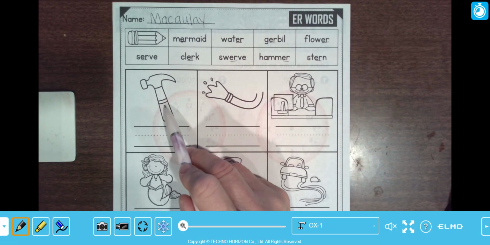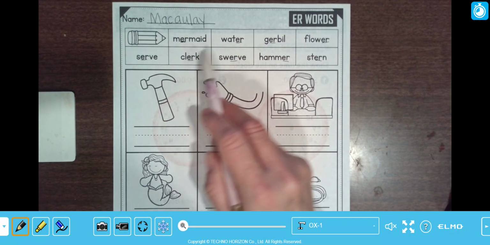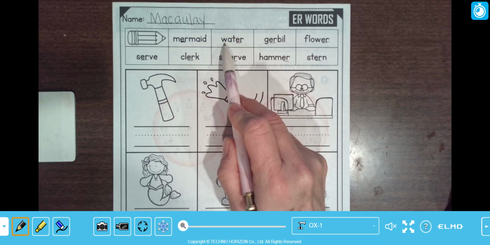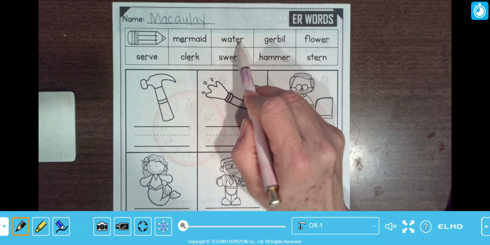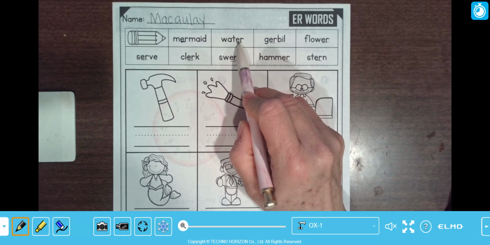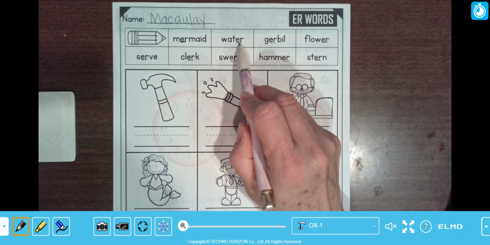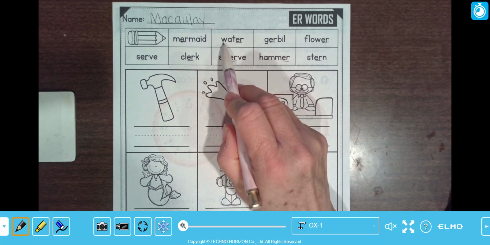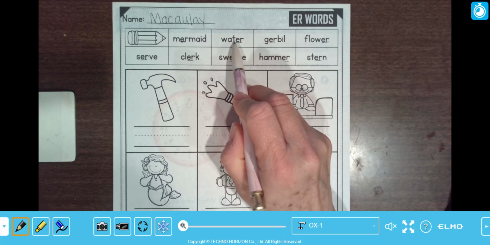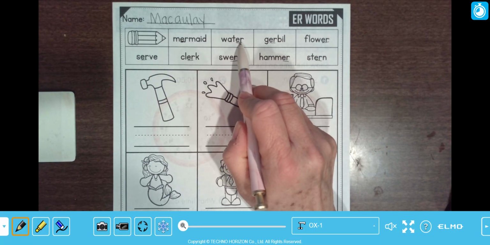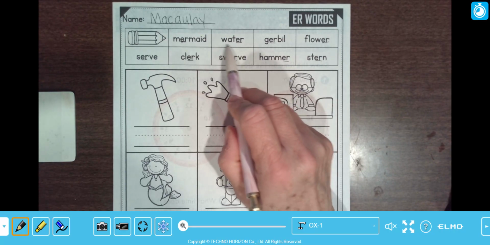So let's start with this word here. Okay? What sound does the ER make? It makes the sound. So let's read it. W, A, T. What's the word?